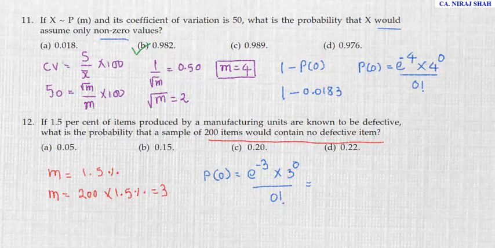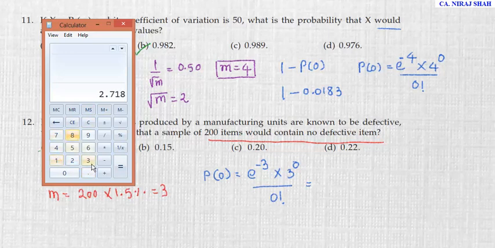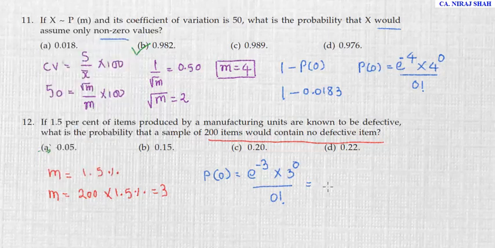So the value of e raised to minus 3 is 2.7183 into, 2 times equal to, and then the reciprocal button or divide equal to button. So the value is 0.0497. So our answer in this case is A, 0.05.